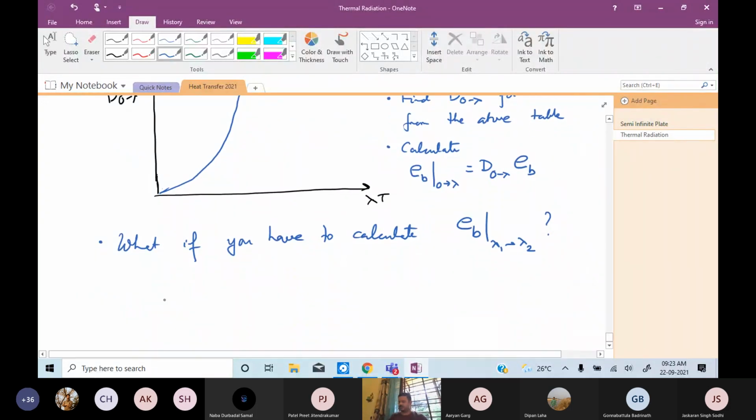So what you will do is this is going to be E_b 0 to lambda 2 minus E_b 0 to lambda 1.